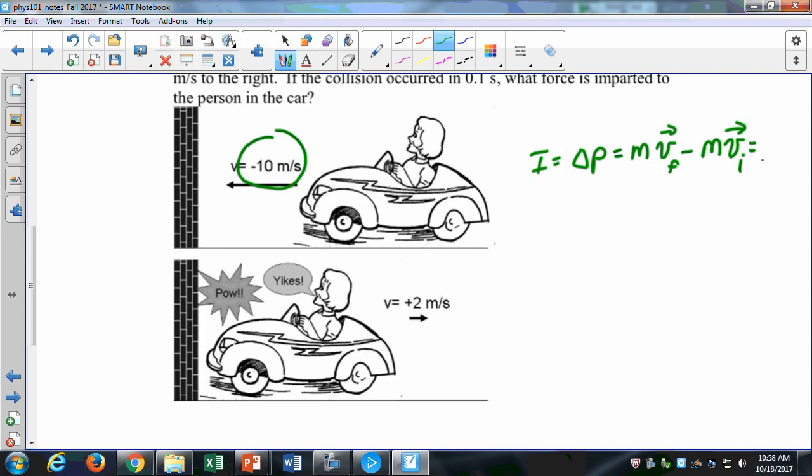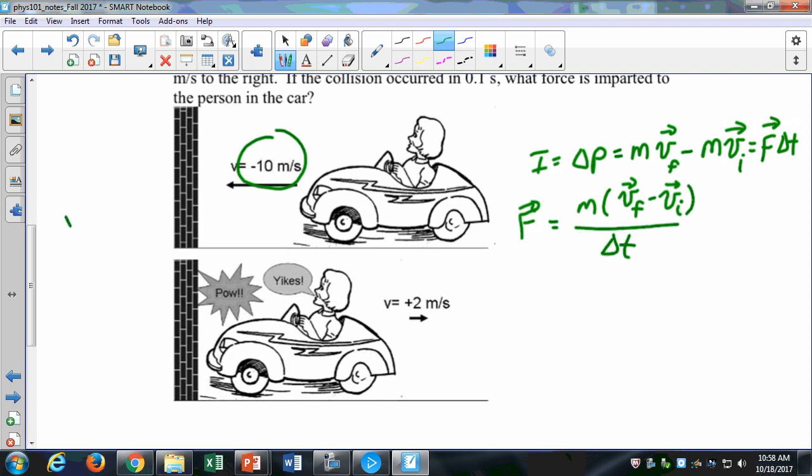This is going to be equal to F times delta t. So if I want to figure out my force, it's going to be that change in momentum, m times vf minus vi. I just pulled out that m, divided by delta t.